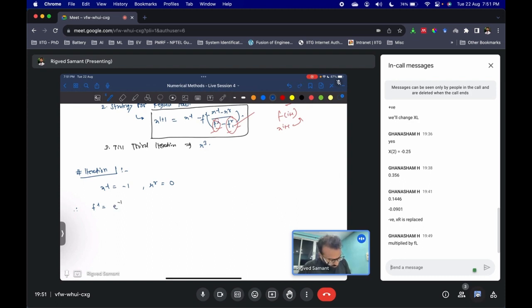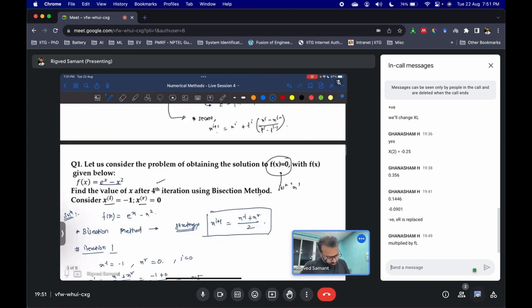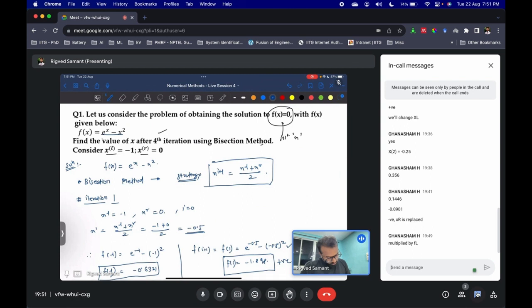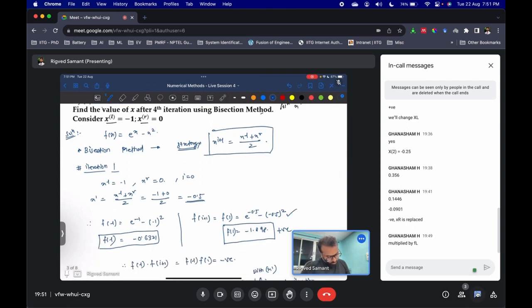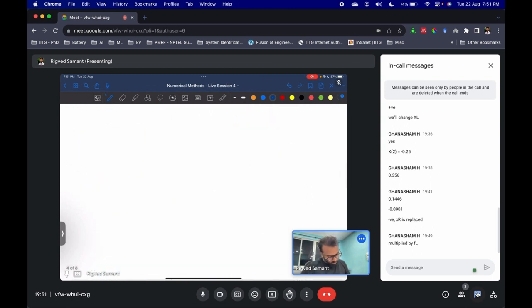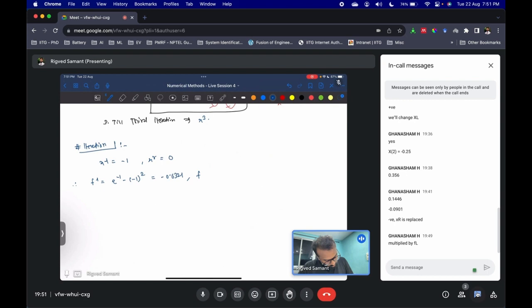Would be e raised to minus 1 minus 1 raised to 2. So that we already found out. This will be the same, right? Minus 0.6321. For xR, it would be e raised to 0 minus 0, that is 1. Therefore x(i+1).